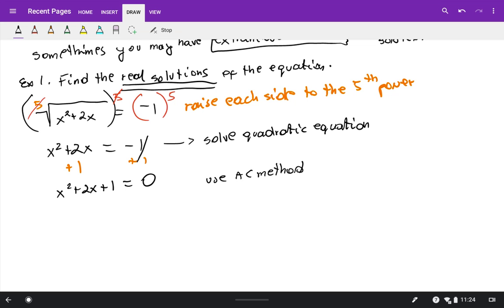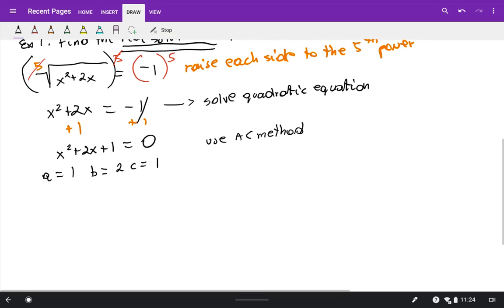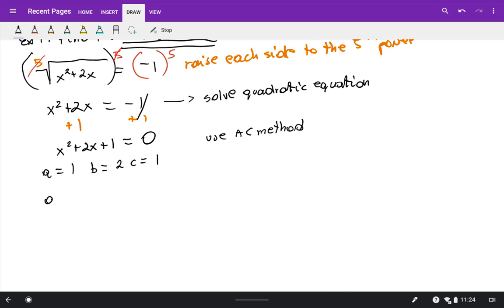Let's just review the AC method. A is the coefficient in front of x squared, which is 1. B is the coefficient in front of x, which is 2. C is the number which is by itself. For factoring using the AC method, first you multiply A by C, so A times C is 1 times 1, which is 1.